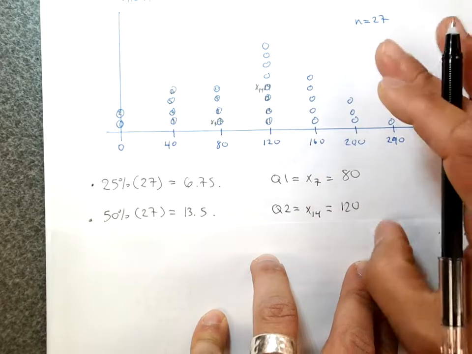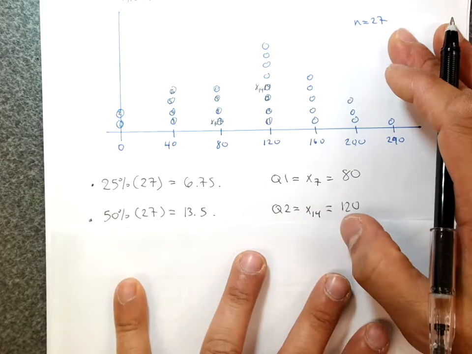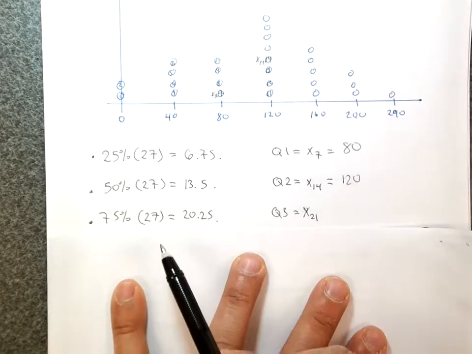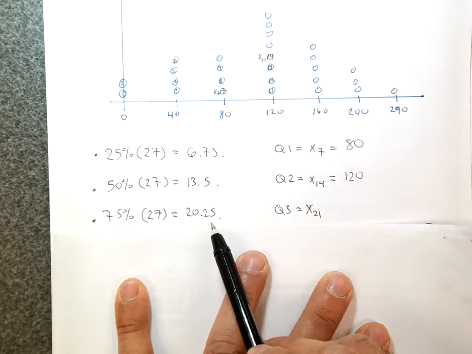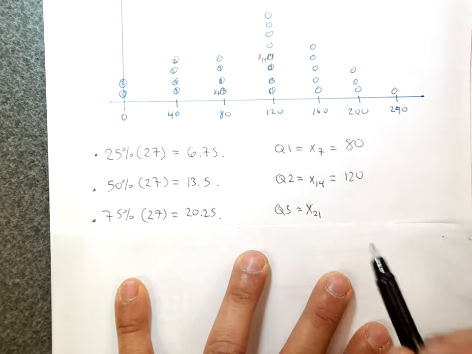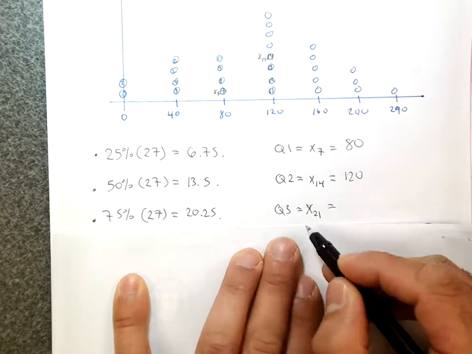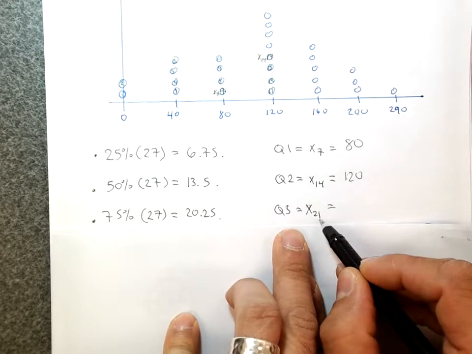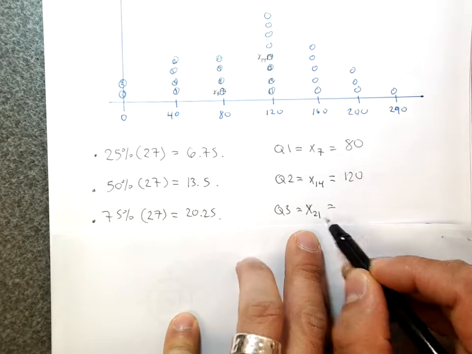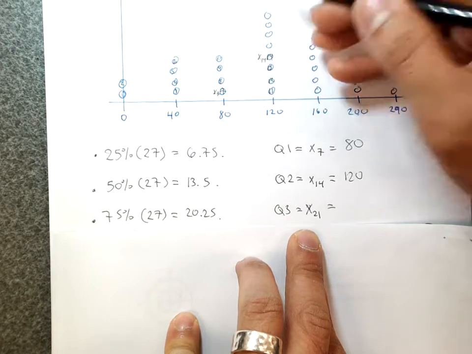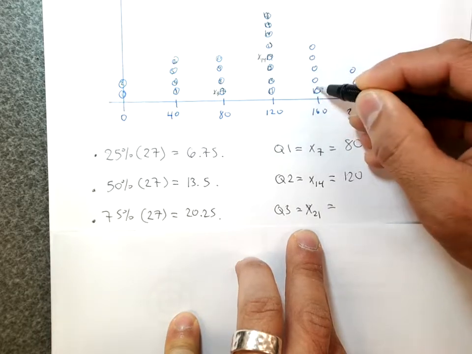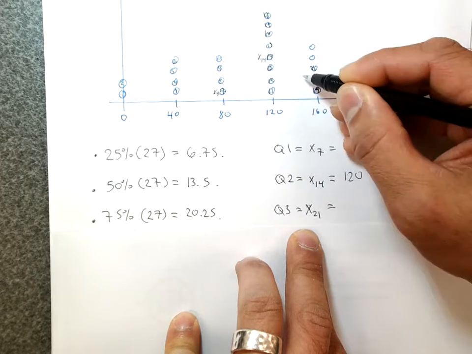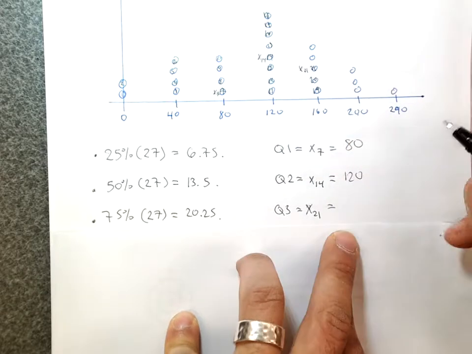Almost done. 75th percentile. 75% of 27 is 20.25. Again, not a whole number, so I round up to 21, which tells me that my third quartile is the 21st individual from the left. Let's keep counting: 14, 15, 16, 17, 18, 19, 20, 21. This is where x21 is.